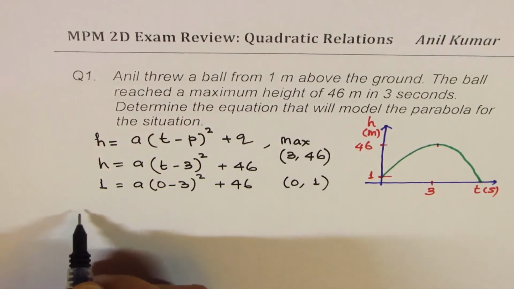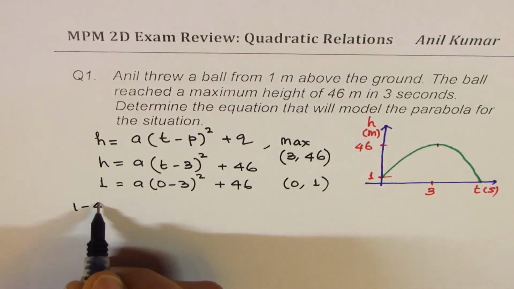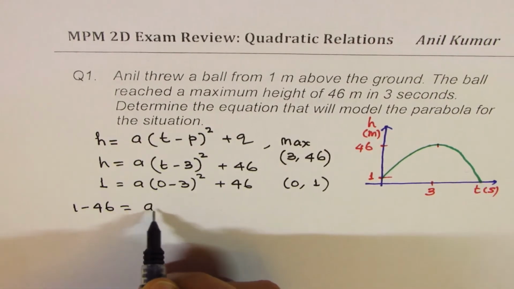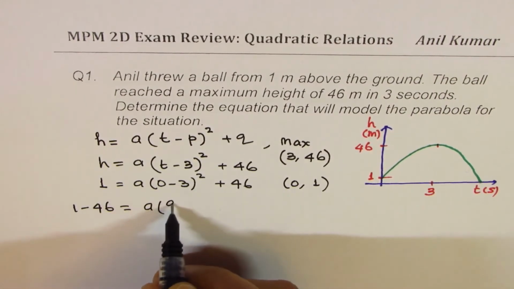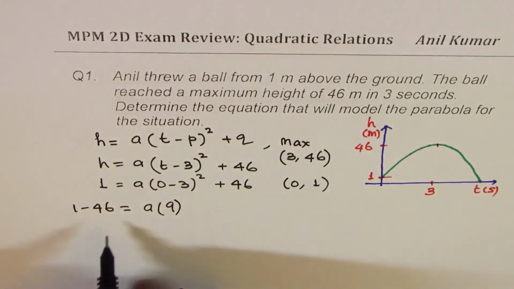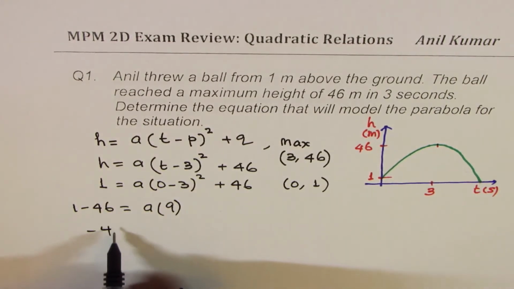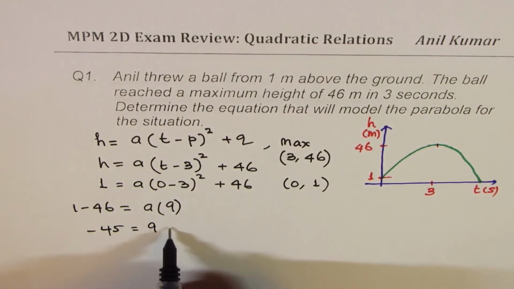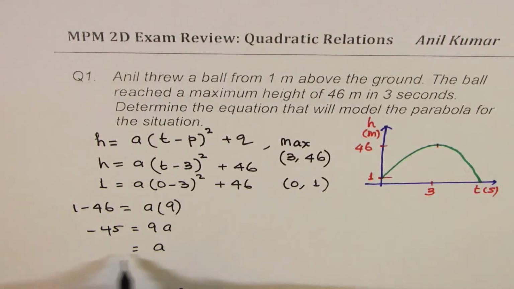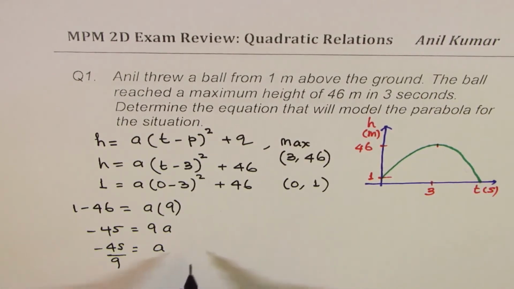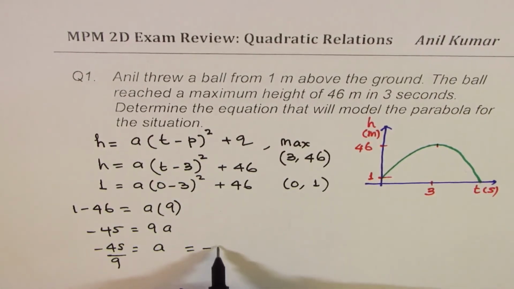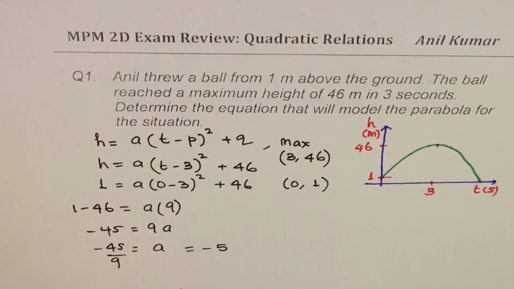Bringing 46 to the left side, we get 1 minus 46 equals a times minus 3 square, which is 9. That gives us minus 45 equals 9a, or a equals minus 45 divided by 9. So a is equal to minus 5.